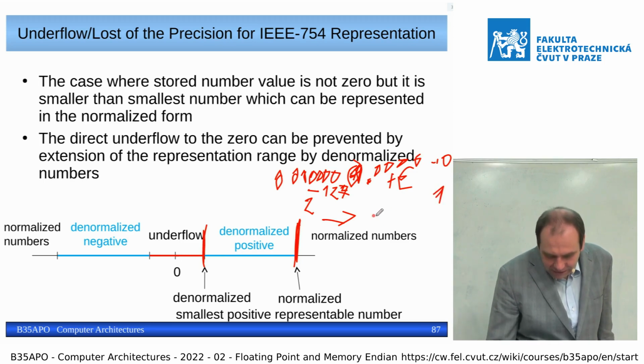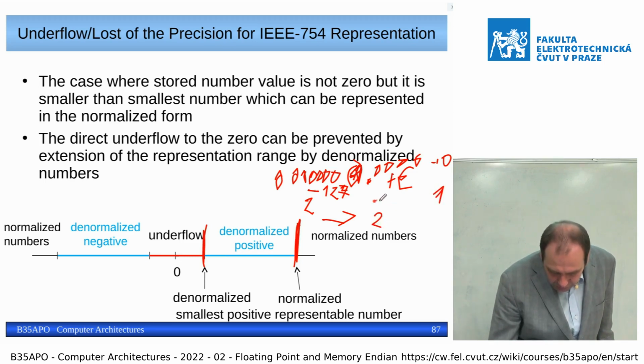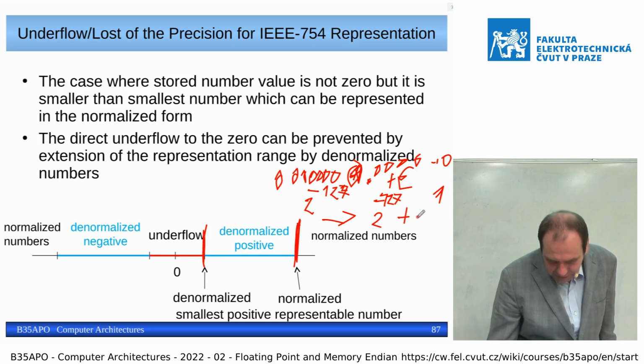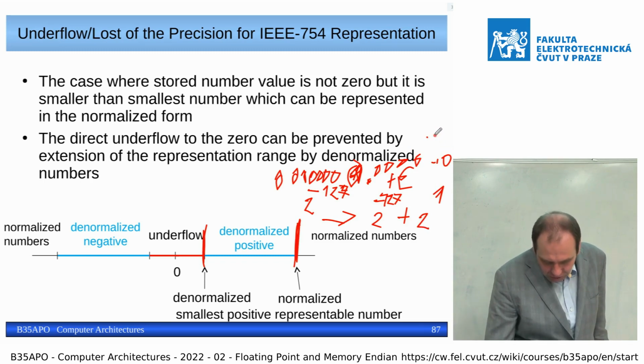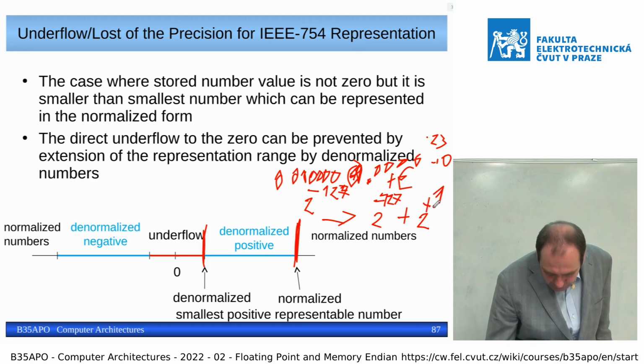So basically it is 2 to the minus 127 plus 2, and this is on the position 23 after the decimal digit, so it is minus 127 plus 23.